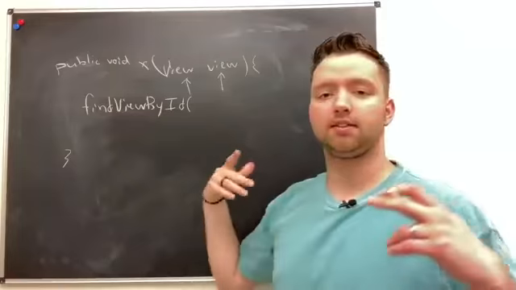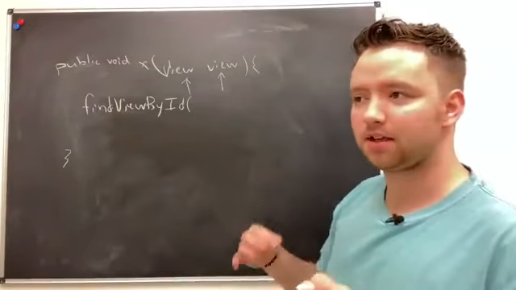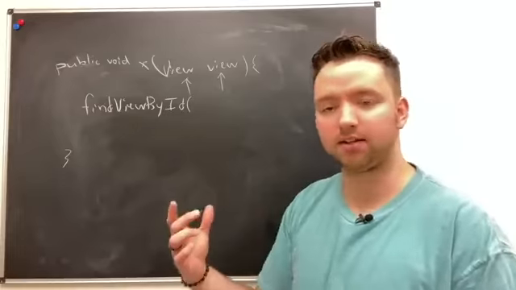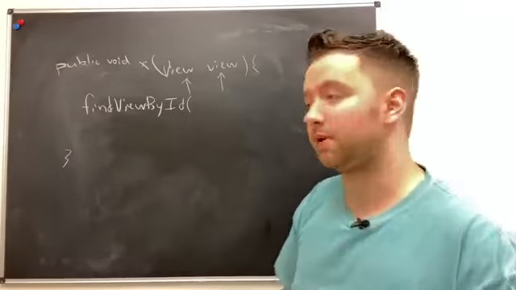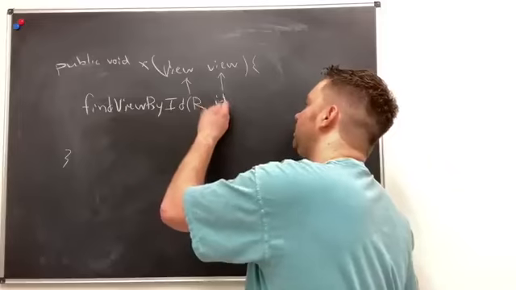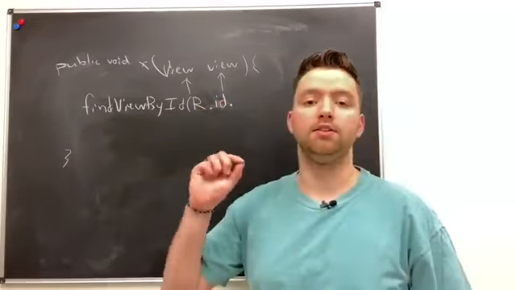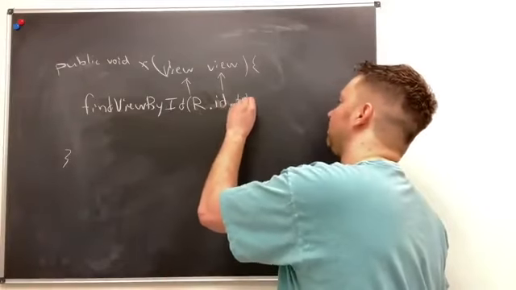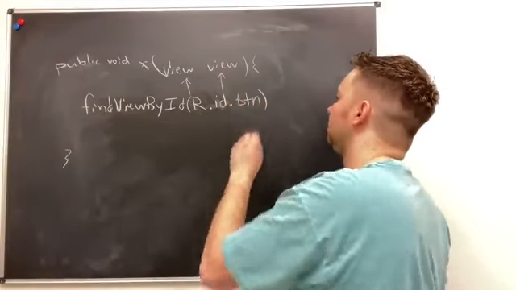Now this method takes an integer, and we don't exactly have integers for the IDs of all of the different views we have on our activity. So we use this special class R, and what we do is we say R.id and then the string name that we assigned to a particular view. So for example, we could have named it btn for button.